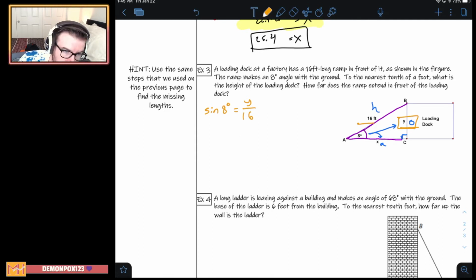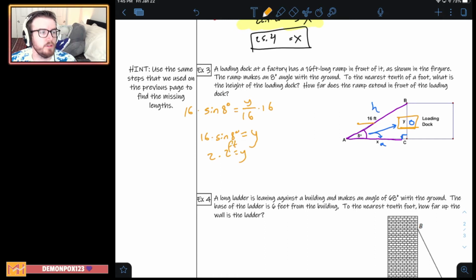So sine of 8 degrees equals y over 16. Multiply by 16. Plug that into a calculator. And I get 2.2. And I guess we're dealing with feet. So 2.2 feet when I plug that into a calculator.